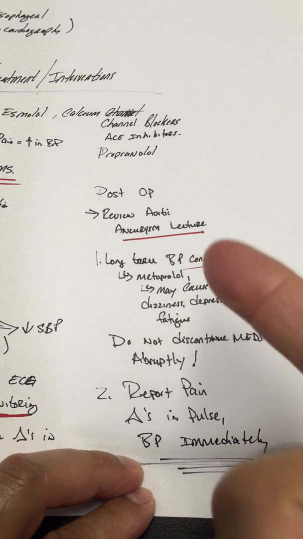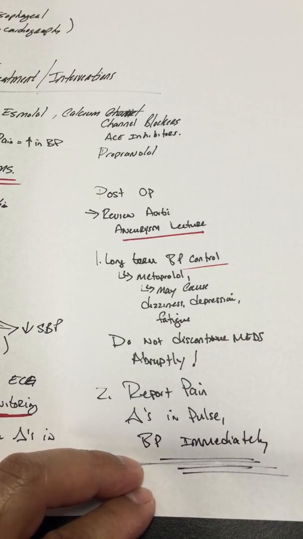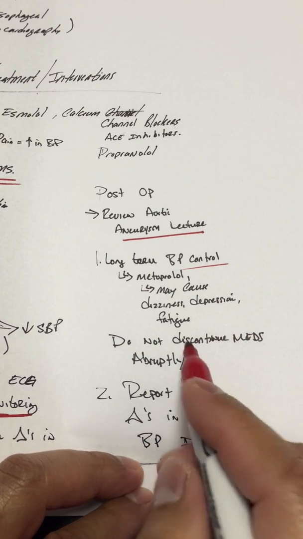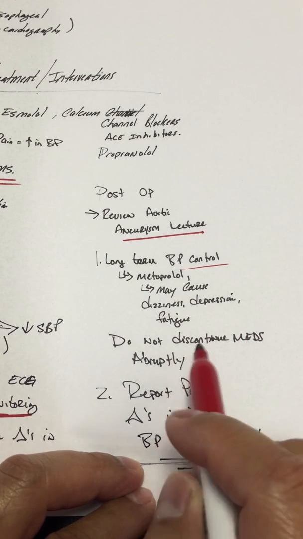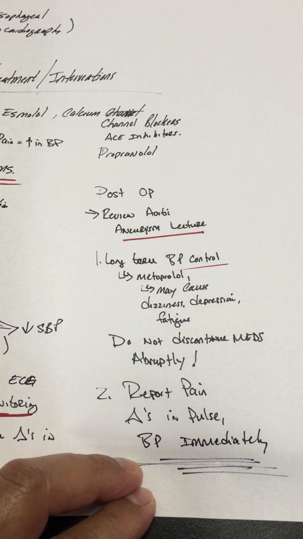Now, if they just had surgery to repair a dissection and their blood pressure continues to rise and rise and rise, there could be severe complications. So again, you must make sure that your patient understands to not discontinue these medications abruptly. If they do not like the side effects, you need to inform them to contact their physician. Maybe a different medication can be prescribed.